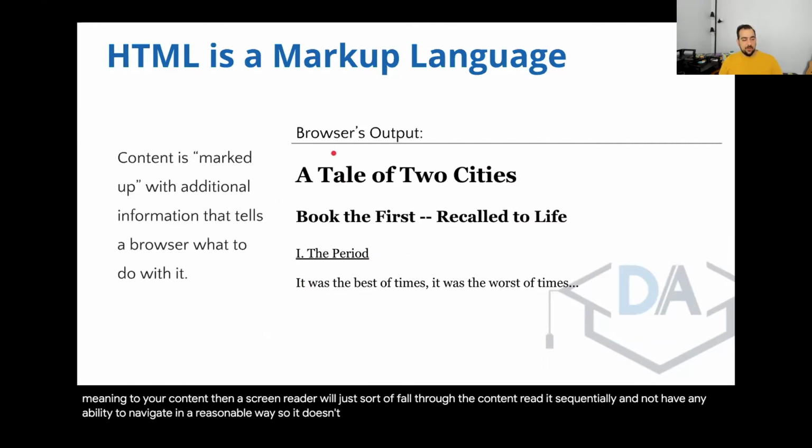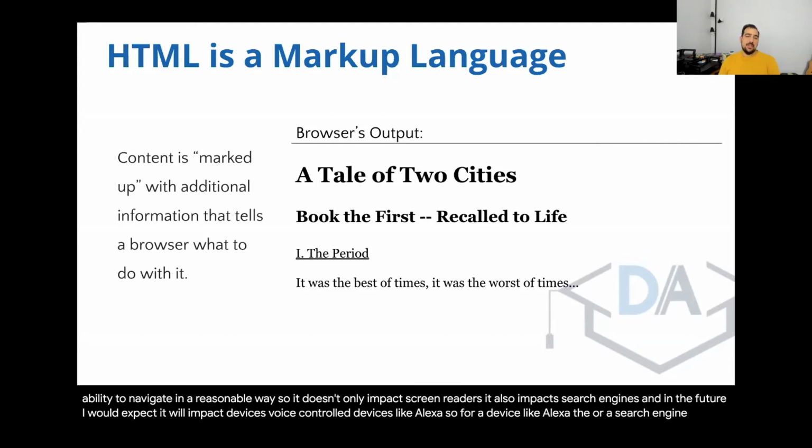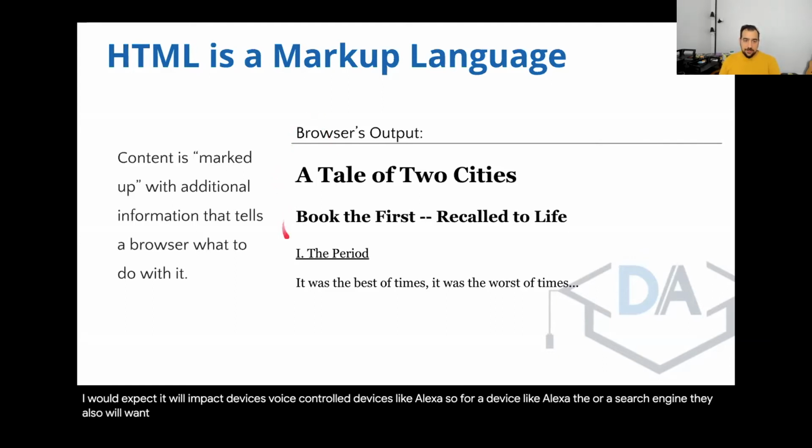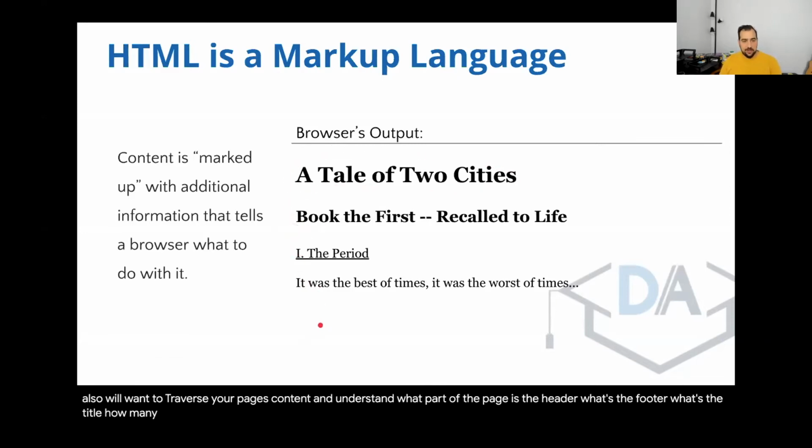So it doesn't only impact screen readers, it also impacts search engines. And in the future, I would expect it will impact voice-controlled devices like Alexa. So for a device like Alexa or a search engine, they also will want to traverse your page's content and understand what part of the page is the header, what's the footer, what's the title, how many sections there are, and so on and so forth.